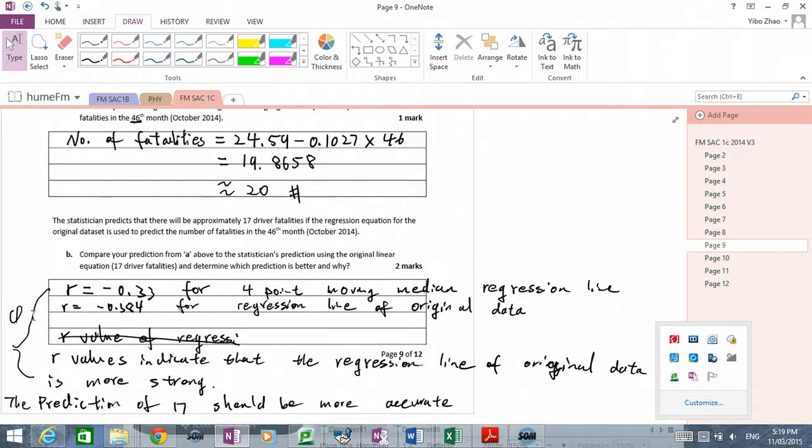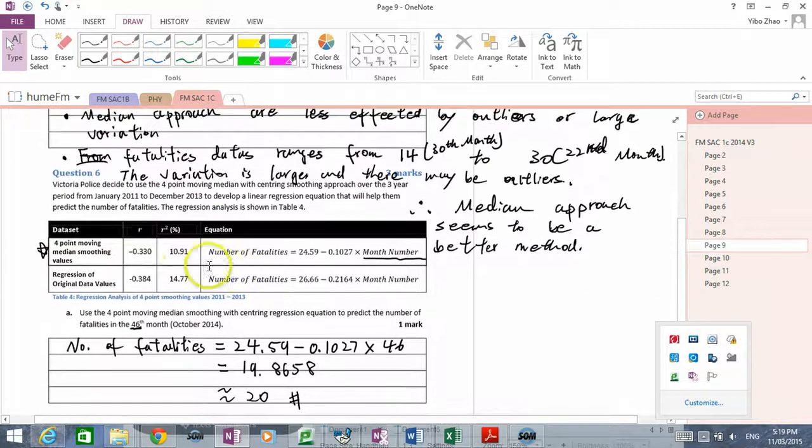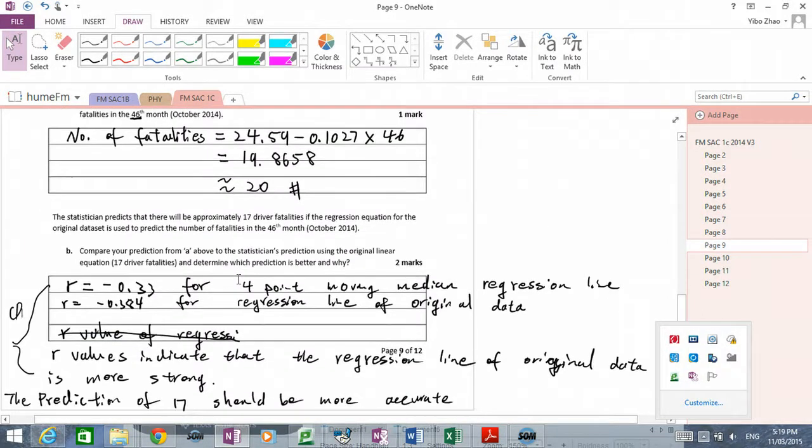Because this is a time series, the reason we're using those methods is to try to make the line smoother. After that, we need to talk about the variation.